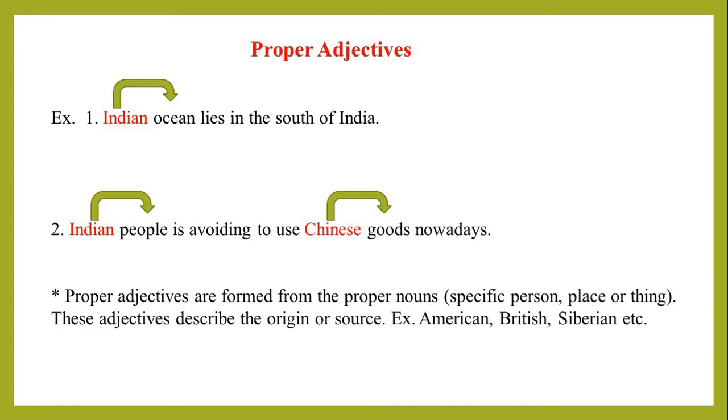So, we can say that proper adjectives are formed from proper nouns, a specific person, place or thing. This adjective describes the origin or source. Example, American, British, Siberian, etc.